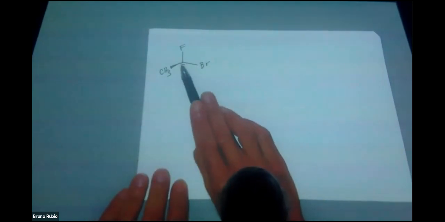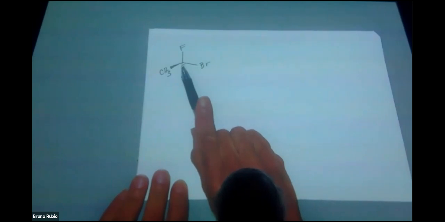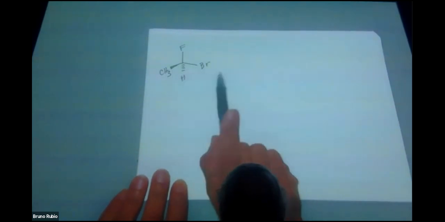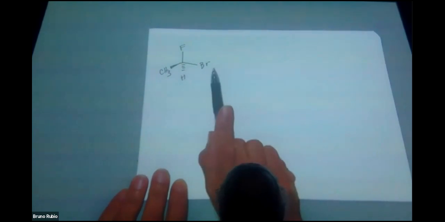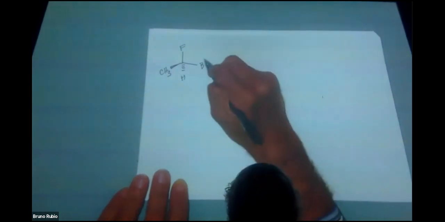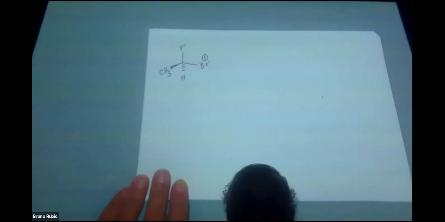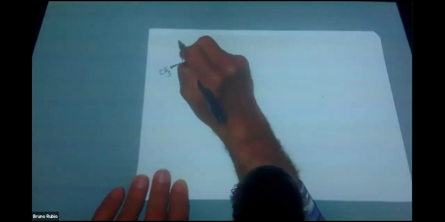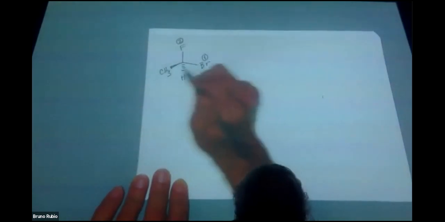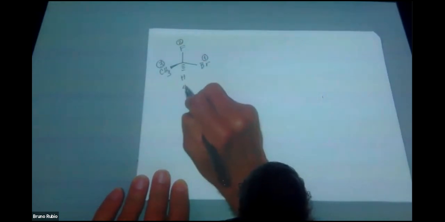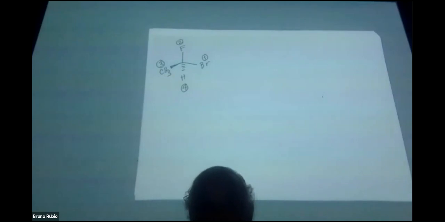There's our chirality center. Now I'm going to rank the atoms directly bonded to the chirality center in order of atomic number, high to low. So I'm looking at a periodic table and I see bromine is going to be rank number 1. Fluorine is going to be rank number 2. Carbon is going to be rank number 3, and hydrogen is going to be rank number 4.